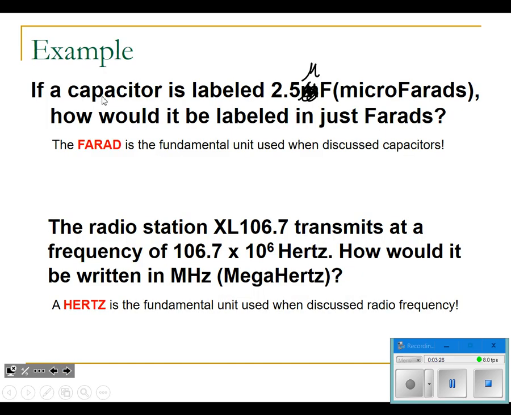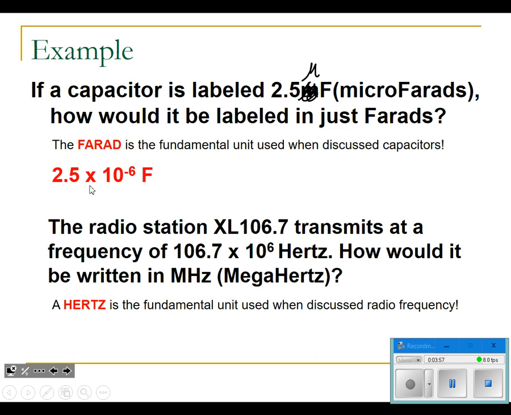So if I have a capacitor, which is an electrical piece of equipment, and it's labeled as 2.5 microfarads, if I wanted to label that in just farads, okay, farads is the base unit, so I could look back and say that the fundamental unit would be, a micro is just going to be the base unit of what I was given, the 2.5, times 10 to the negative 6th farads.